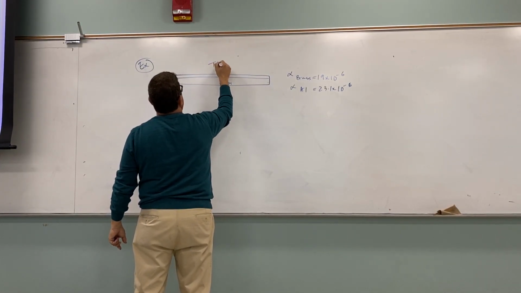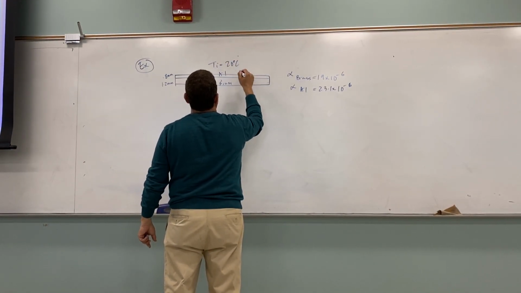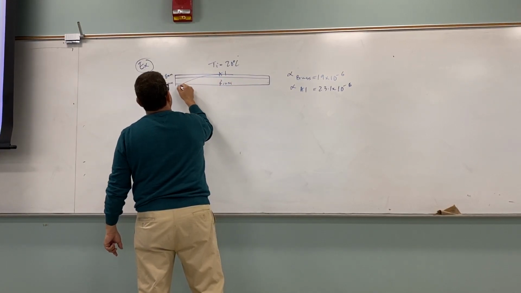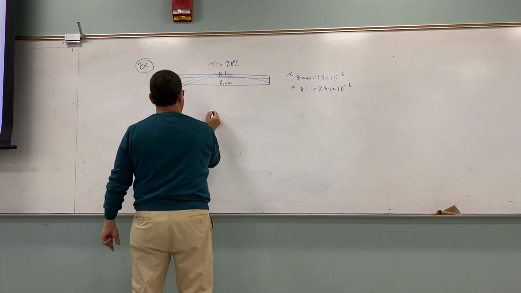So let's say initial temperature when they're straight is 20 Celsius. Then when they bend, it's gonna look like this. So I'll just write it here.